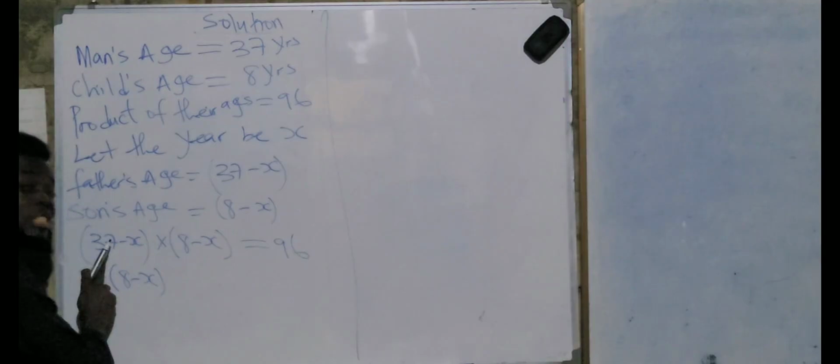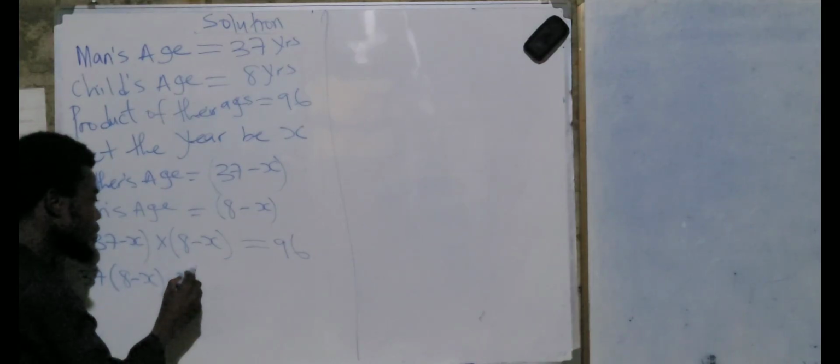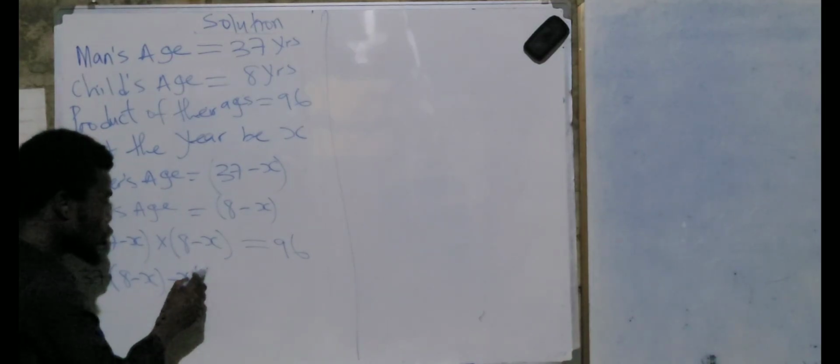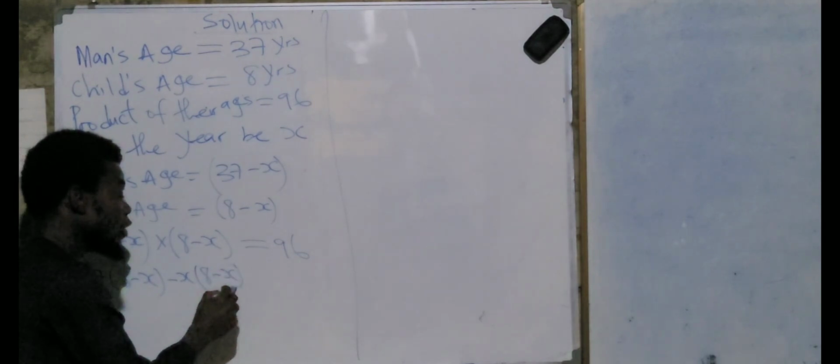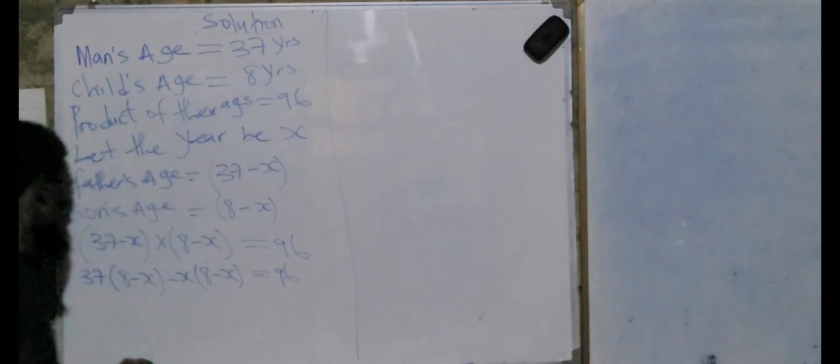Next, we are taking 37 in this bracket here. What does it mean here now? Minus X. Now take minus X again and multiply this bracket, which is 8 minus X again. Are we clear here? Equal to 96.